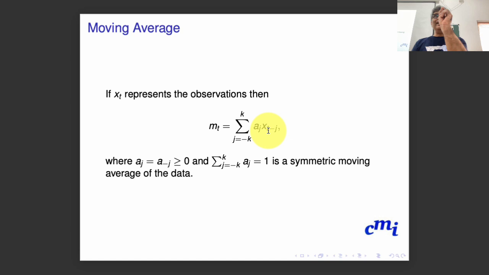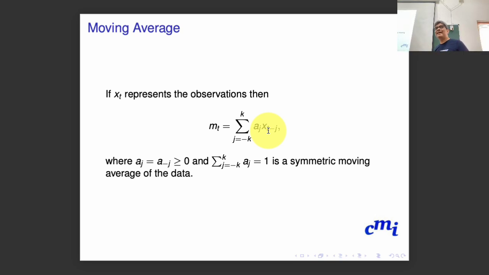So you take t, and 2k plus 1 actually, because if I take t, on the right side I will take k observations, on the left side I'll take k observations. So t minus k to t plus k. t minus k to 0 is k observations, 0 is 1 observation, and then the rest k observations. So 2k plus 1 observations.